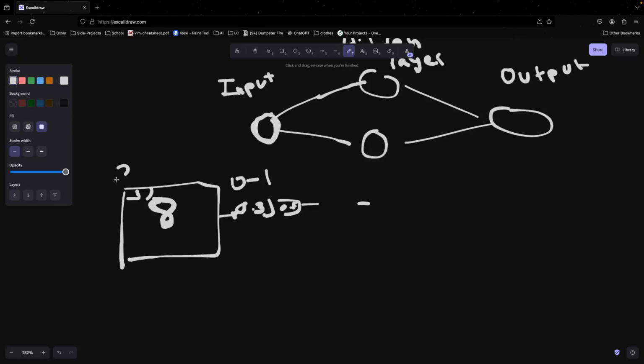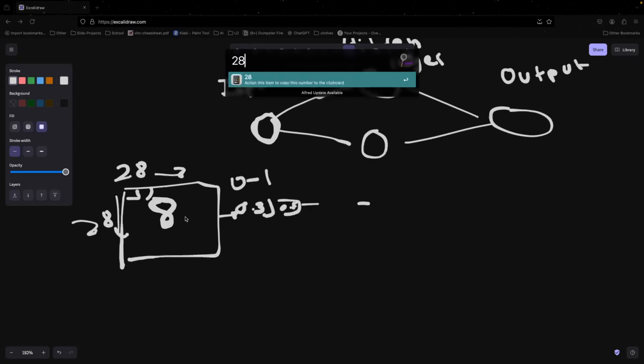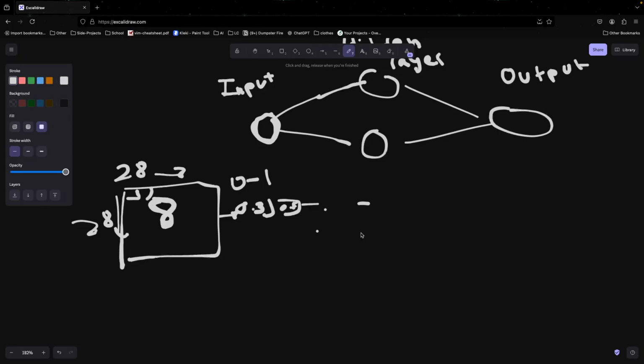So let's say this image is 28 by 28. How many of these pixel values do we essentially have? If we do a quick calculation, 28 times 28, that's 784 pixels in total. So now we have 784 numbers. That is essentially what the input layer would be.